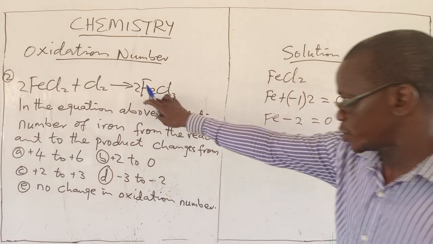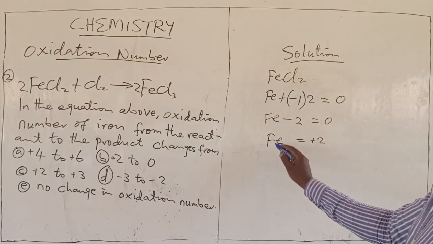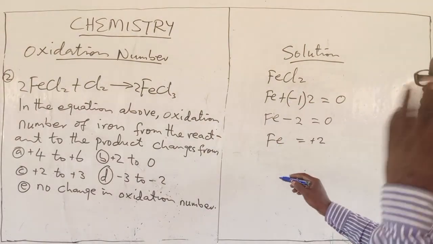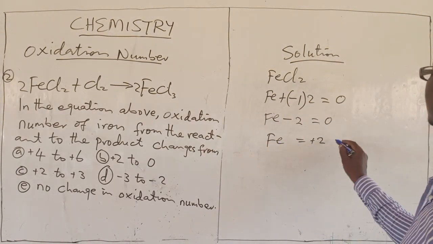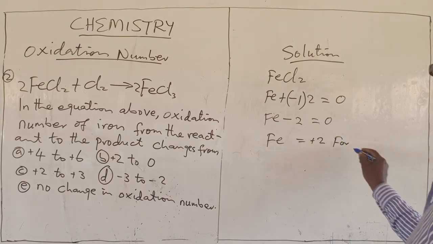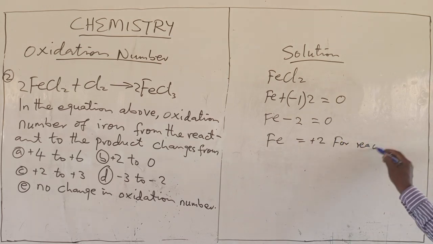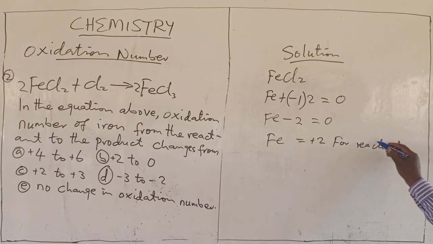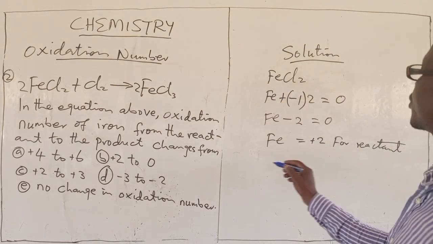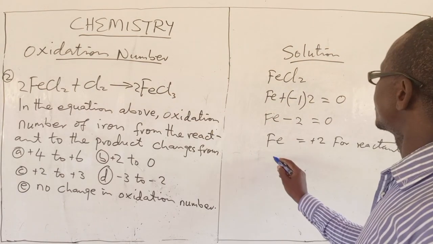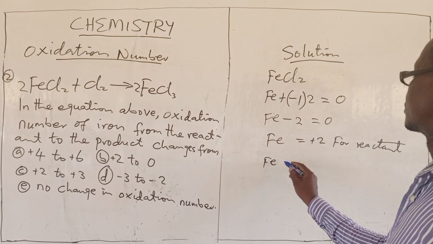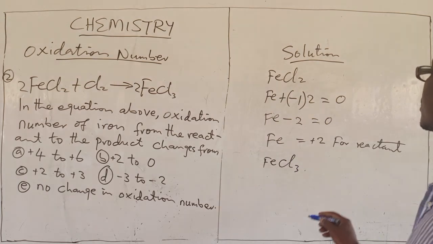Do the same to this. So you can see that this is for the reactant. Then let's see the product. FeCl3.